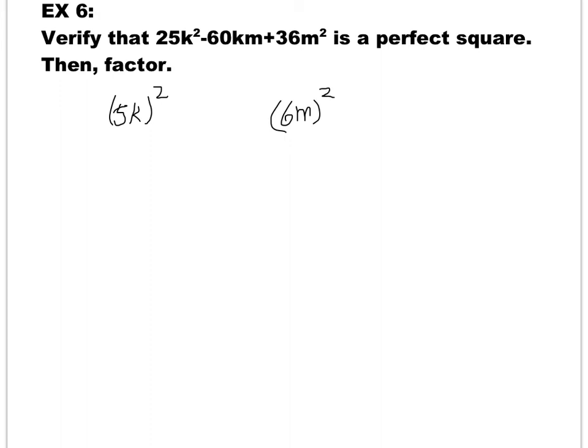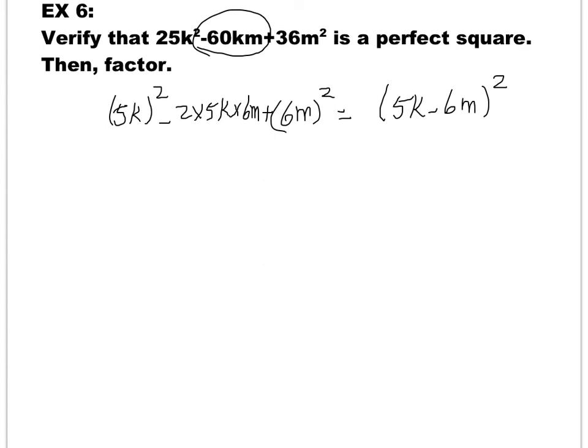Then I can write the middle term as minus 2 times 5k times 6m. Now 2 times 5 is 10 times 6 is 60, so you get minus 60km, which is exactly the same thing we have here. So I can write this as (5k minus 6m) squared. That's again one way.